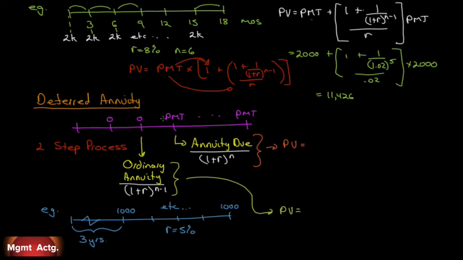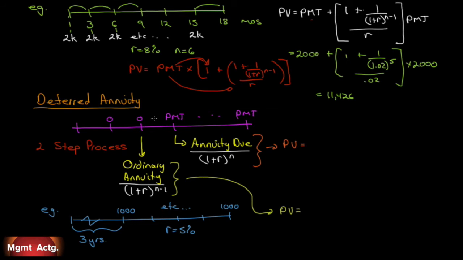Why? It's still an annuity, but it's deferred. But there's a little trick in here. You can call it a deferred ordinary annuity, or you can call it a deferred annuity due. It's the same thing. So, on this date here, 1 period before the first payment, what am I looking at? I'm looking at an ordinary annuity.